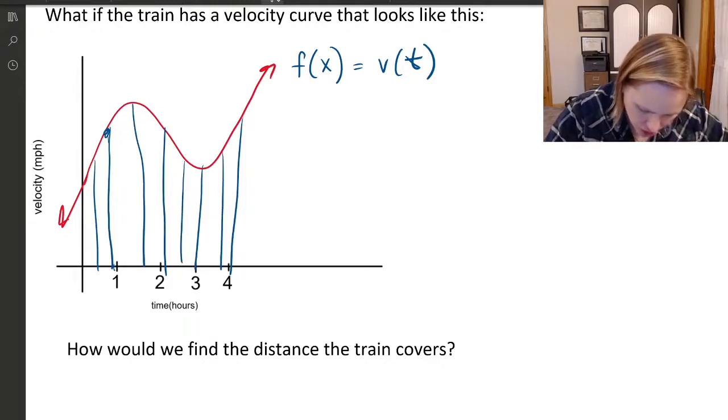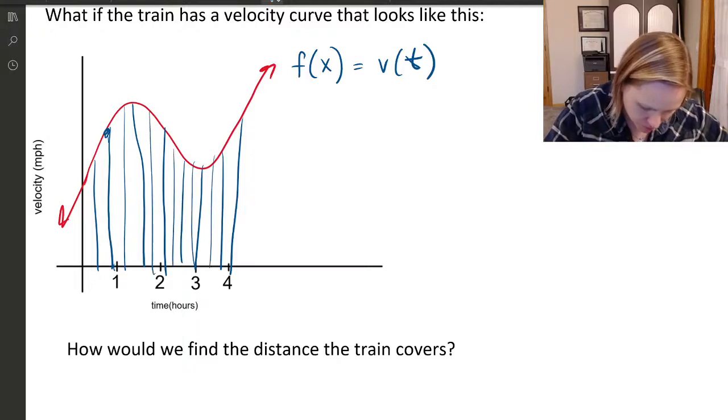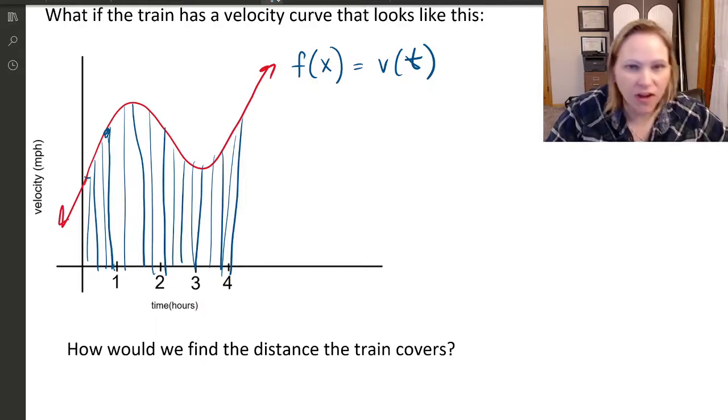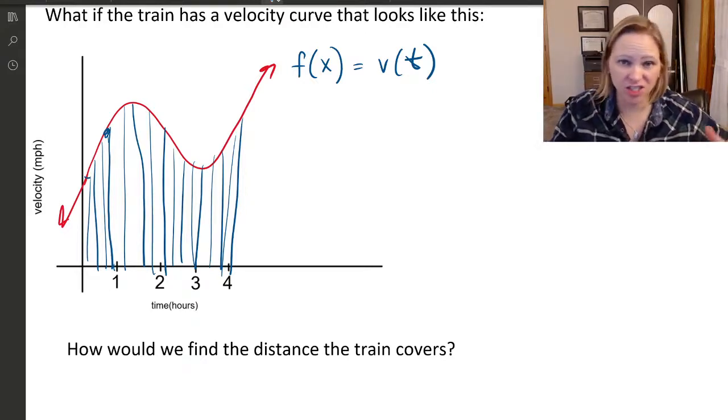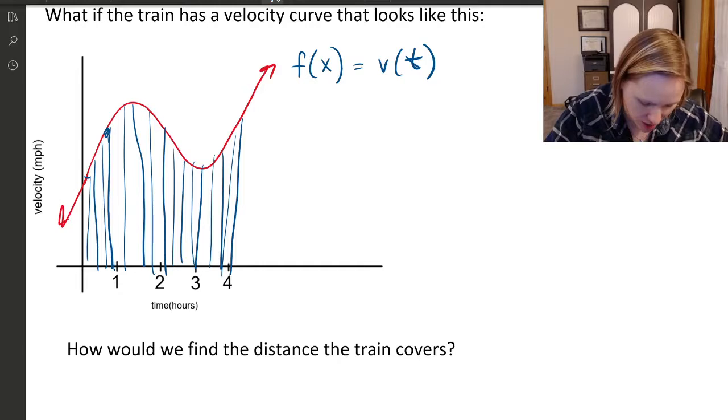My lines are very crooked. And the more rectangles we use to partition, the more little slices, we could find like 20 different rectangles and just add the 20 little areas together. And so the idea is, if we can turn these into rectangles, some of the rectangles will be a little bit above what's happening.